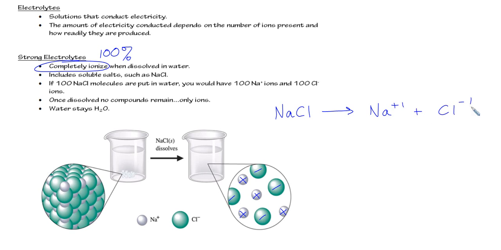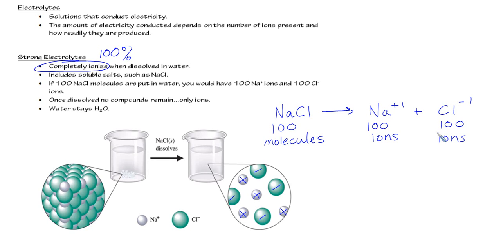And if I had 100 molecules of sodium chloride, they would dissociate to form 100 sodium ions and 100 chlorine ions. No neutral molecules left in the beaker. Everybody splits. Everybody's charged, which is why we conduct a good electric current.